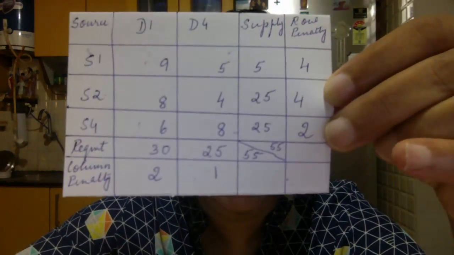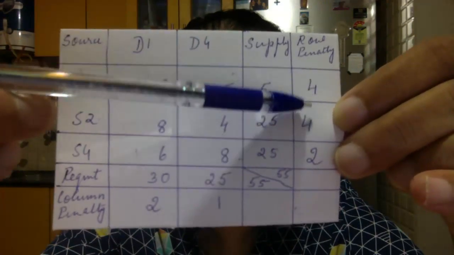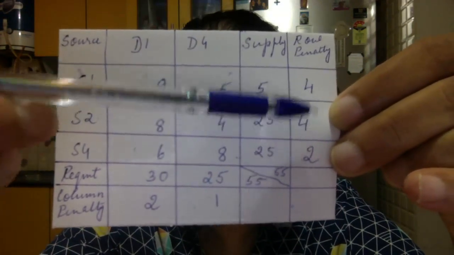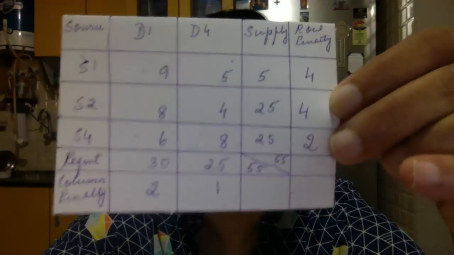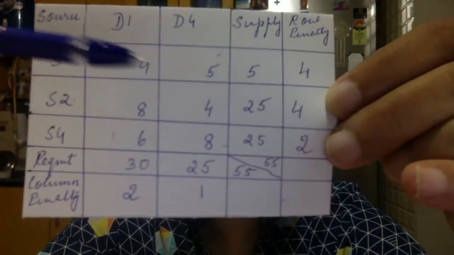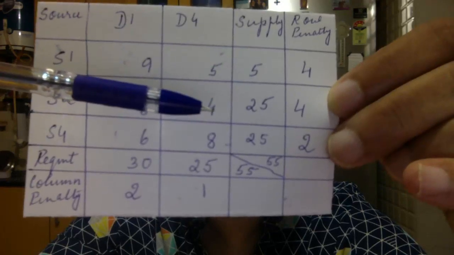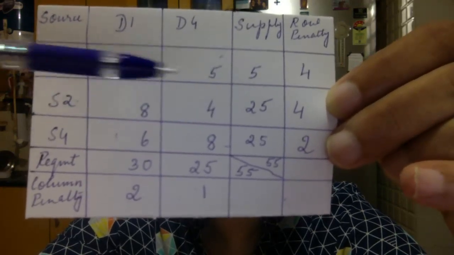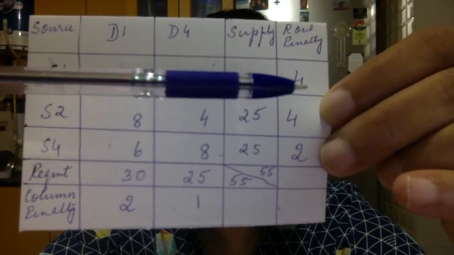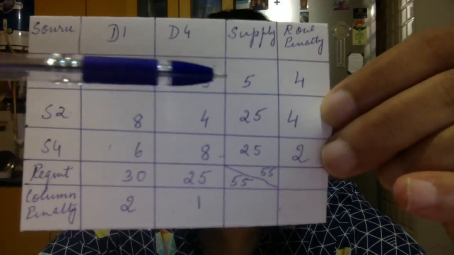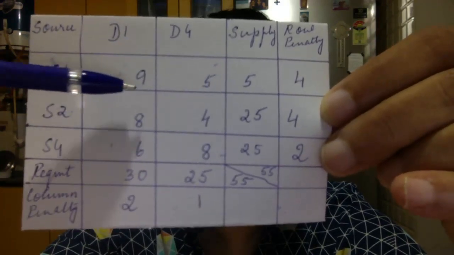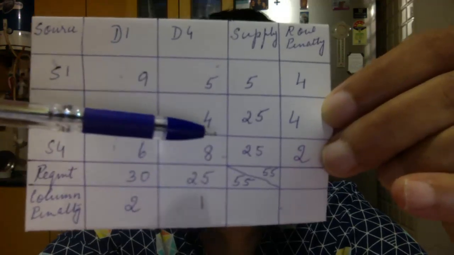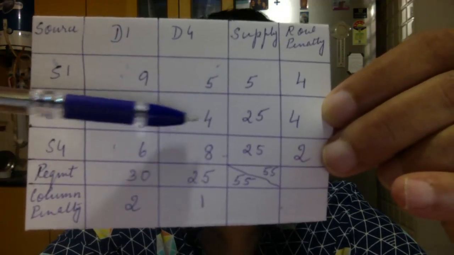Column penalty is too low, so we have to choose between this 4 and this 4. Let us choose the first one or the second one. I would like to choose the second one. You know why? Because here we have row penalty of 4, but the costs are 9 and 5. Here there is a lesser cost of 4.